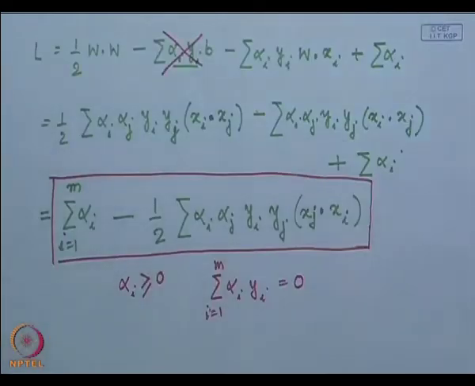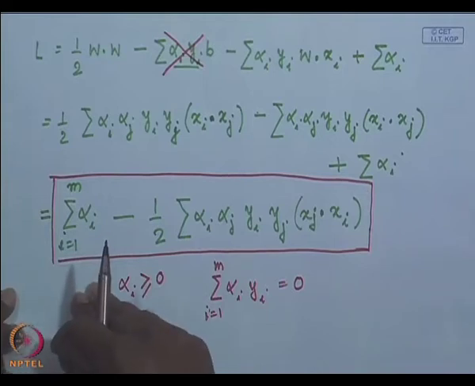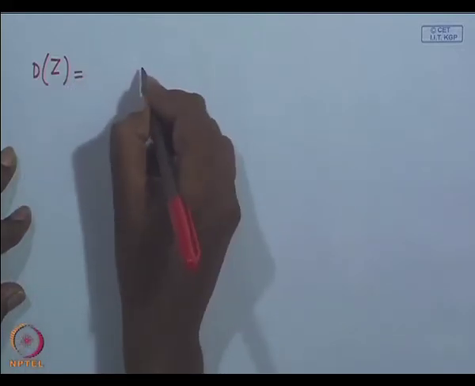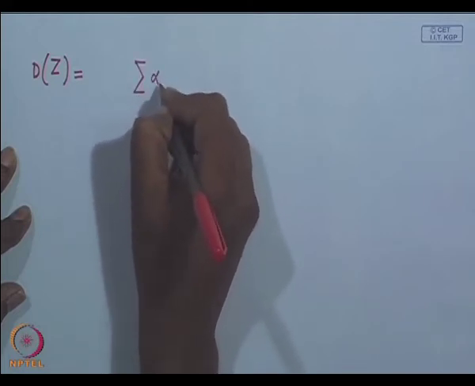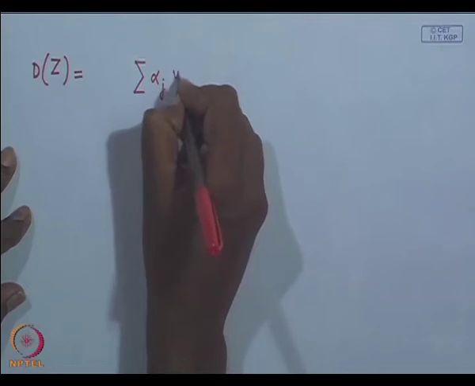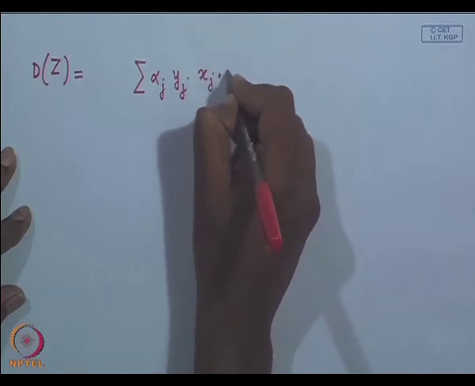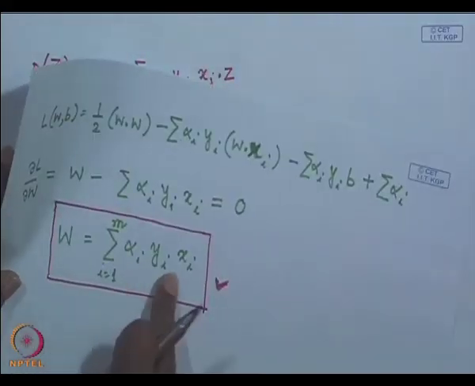As a result, my classification decision will be like this: for an unknown z, a feature vector z which is unknown, if I say that the decision is d(z), d(z) will simply be the sum of alpha j y j x j times z, because you find that my w is nothing but alpha i y i x i.